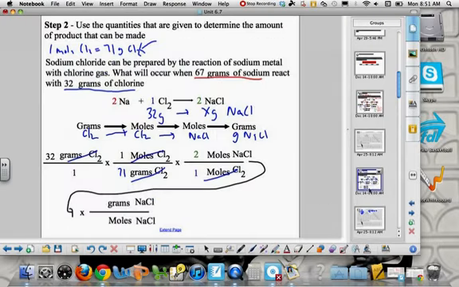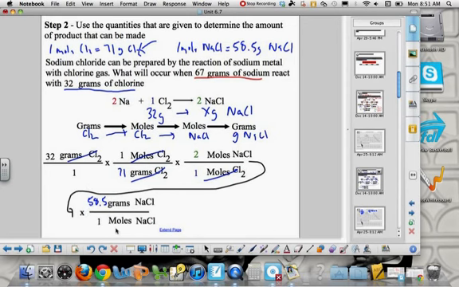So what I'm going to have here for my conversion is that 1 mole of NaCl is going to be equal to 58.5 grams. And that's for NaCl. So let's use that conversion. I have 58.5, we just said. That's 58.5 grams for every 1 mole. So we'll put the 1 down on the bottom.